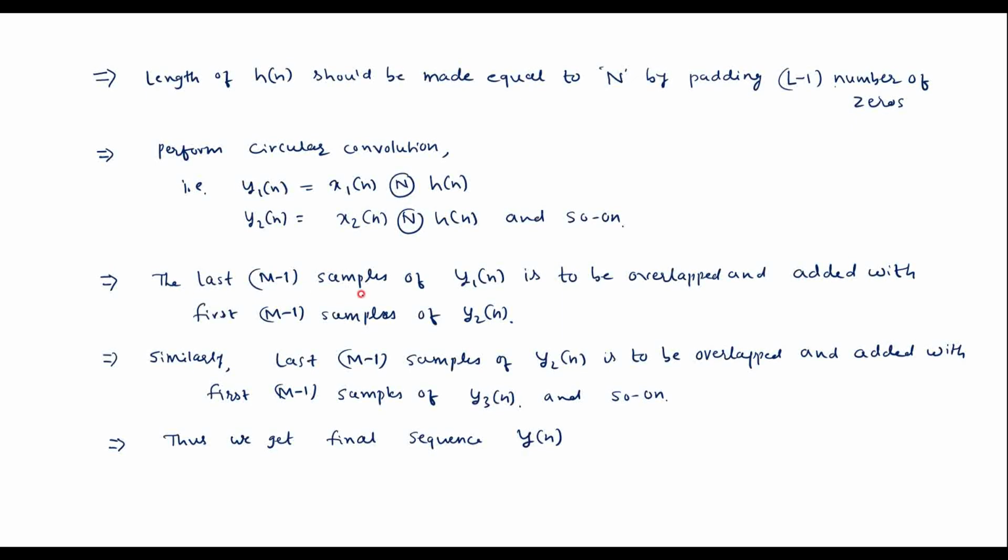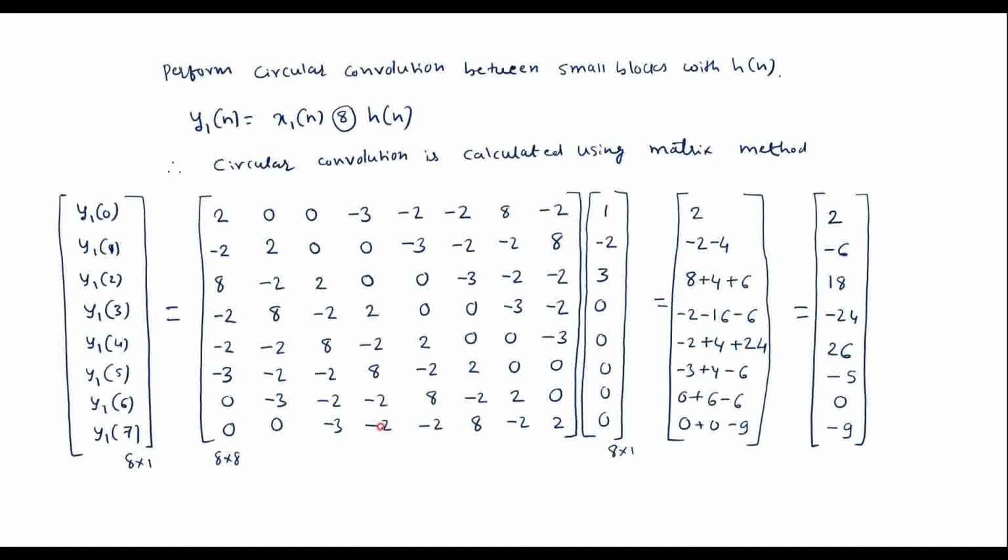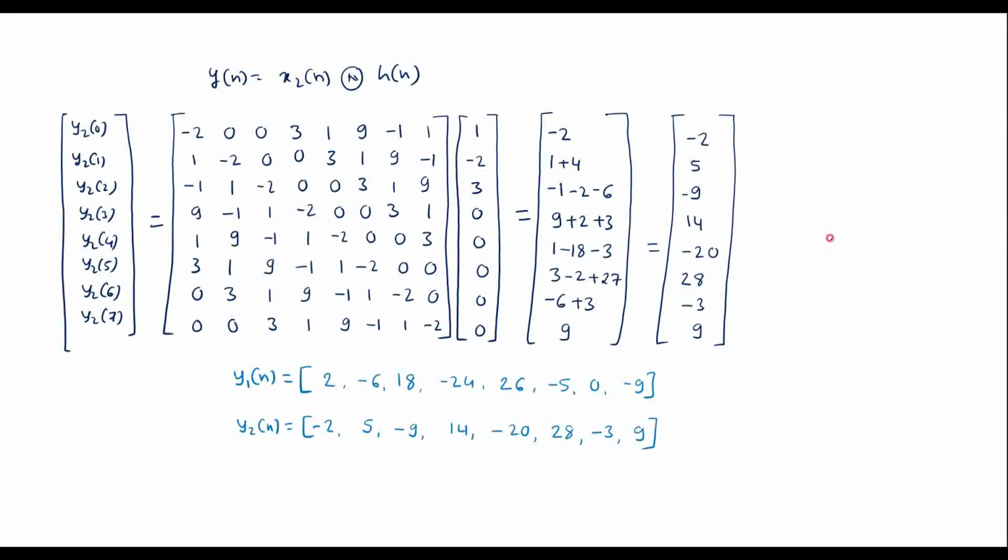The last m minus 1 samples of y1 of n are to be overlapped and added with the first m minus 1 samples of y2 of n. Here m value is 3, so the last two samples are overlapped and added with the first two samples of y2 of n.